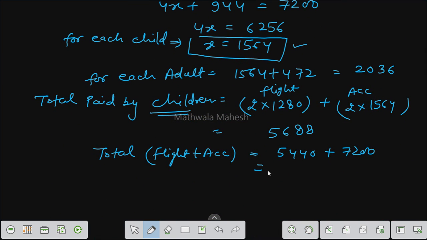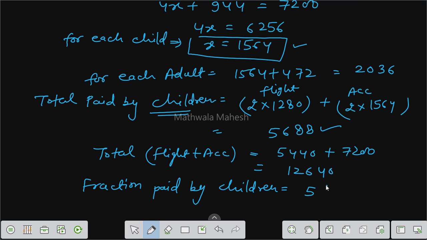So this is 12,640. This is the total. Now the fraction paid by children: the smaller one is 5688, and the larger one is 12,640.